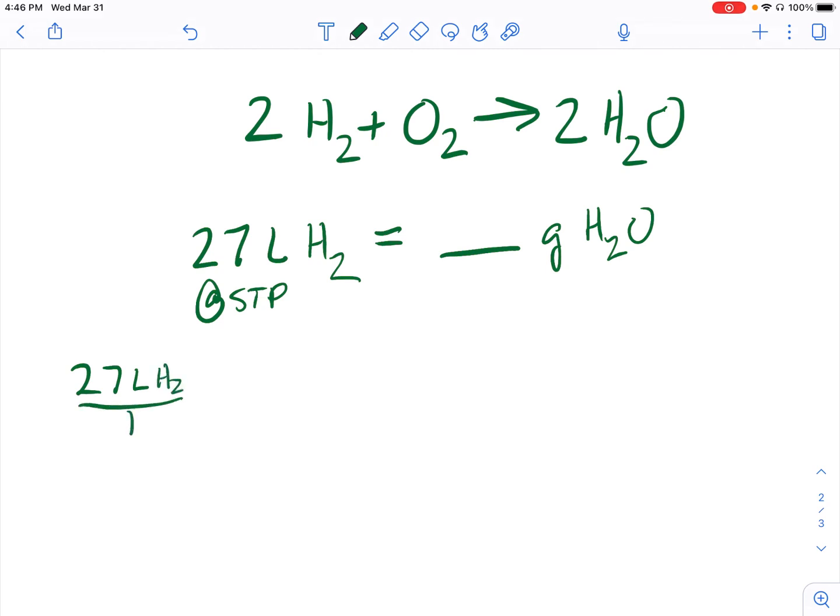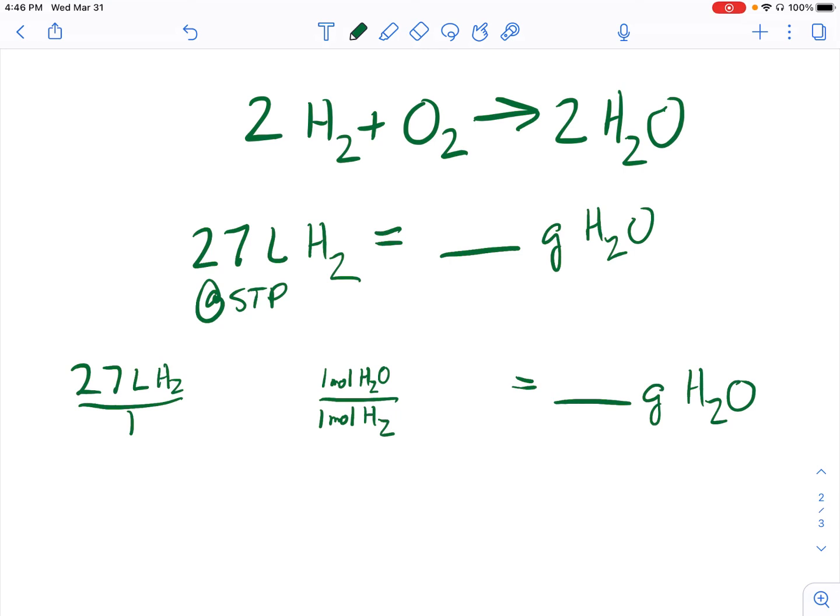Same thing. 27 liters of hydrogen gas over on this side, write it as a fraction, equals grams of water. I know somewhere in the middle I'm going to need a mole ratio, so it's 2 to 2, which is 1 to 1, so it's 1 mole water. Put my answer on the top, my given on the bottom.